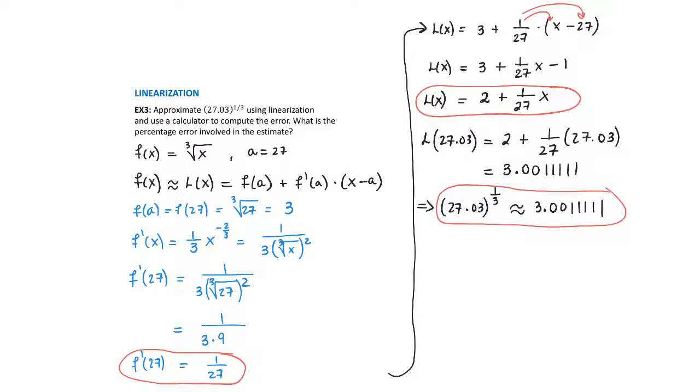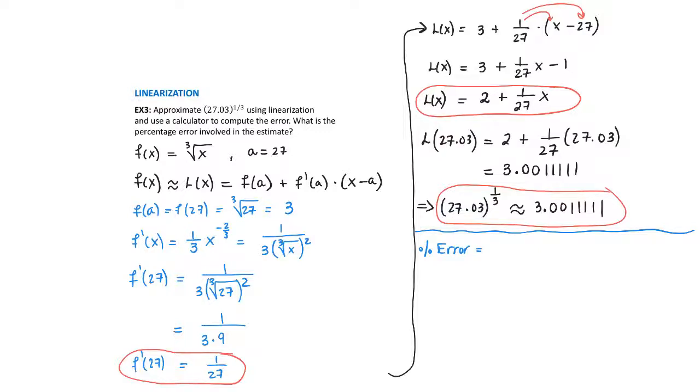Let's say that now I am curious about the error, the percentage error involved in this calculation. I want to know, is this a good estimate, or is my linearization just too far away from the graph? All that I have to do to answer that question is to calculate the percentage error.